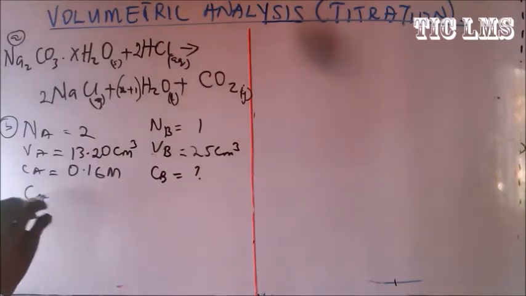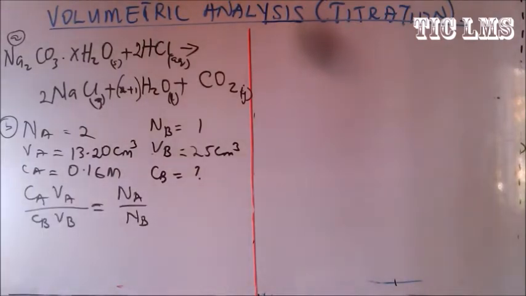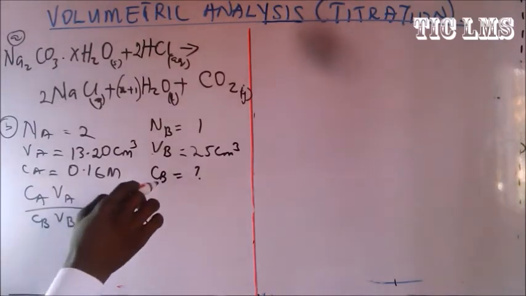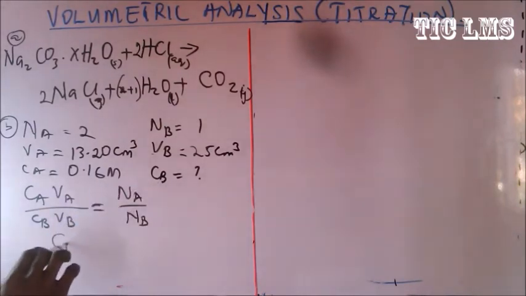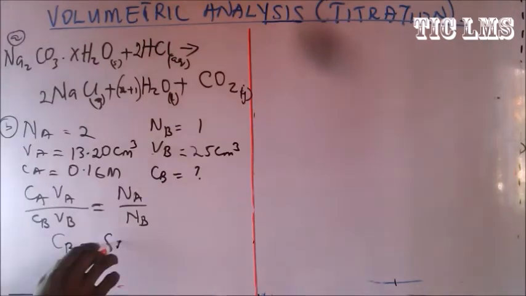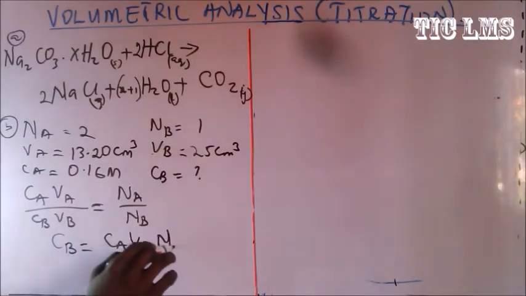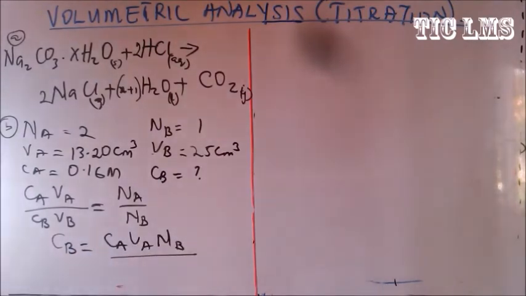So we have our formula and we substitute. Now we are looking for Cb. So we can have it that Cb equals CA times VA times NB over VB times NA.